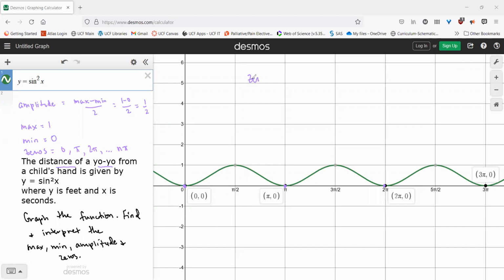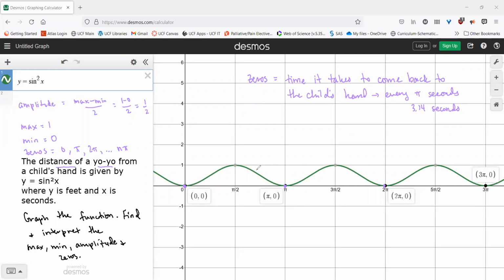The zeros in this instance are the time it takes to come back to the child's hand. Every pi seconds, it's coming back to their hand, or in other words, every 3.14 seconds. Let's think about what that means.